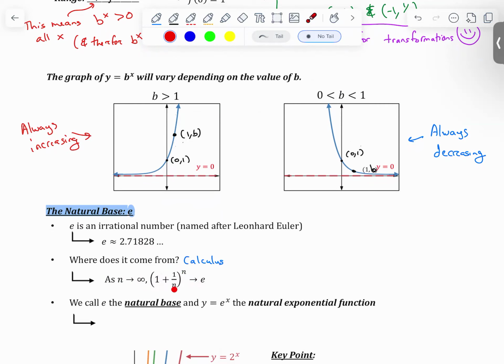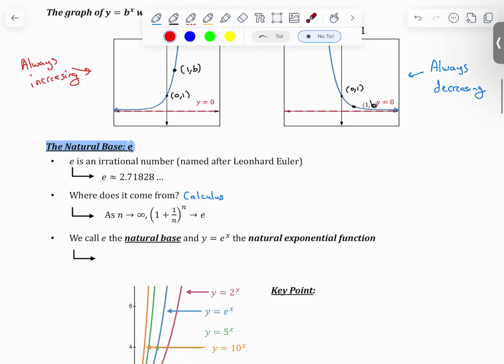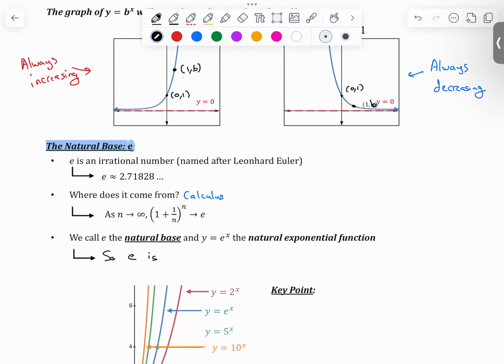So 1 plus 1 over 1,000 raised to the 1,000, and you'll see you'll get a number relatively close to 2.718. So the key thing is, e is just a number, and y equals e to the x is an exponential function like any other function.